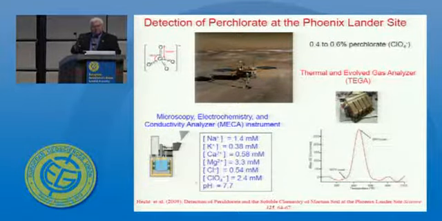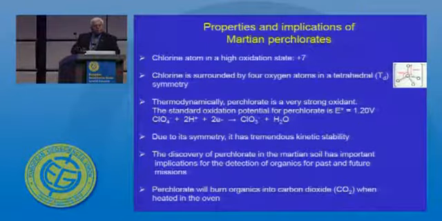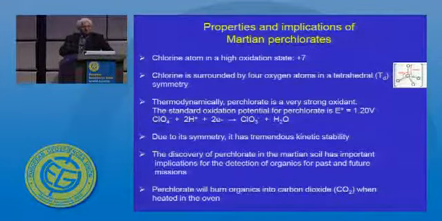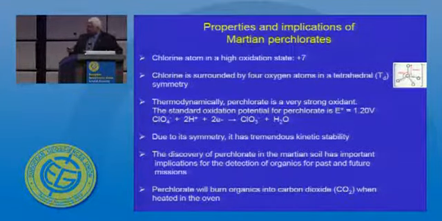This was the first discovery of this compound on an Arctic site, and it was a surprise because we expected that the chlorine was actually in the form of chloride and not perchlorate. The discovery of perchlorate has important implications for future missions because the chlorine of perchlorate is completely oxidized to the highest level, +7.